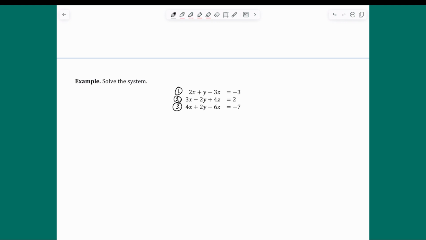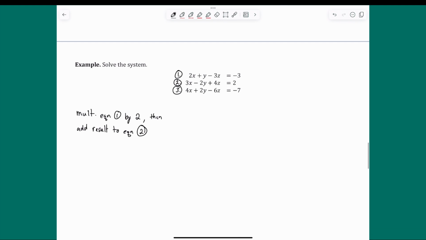The first equation here, we're going to multiply equation 1 by 2 and add the result to equation 2.